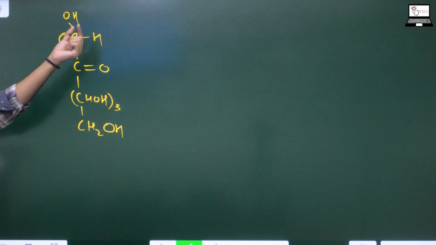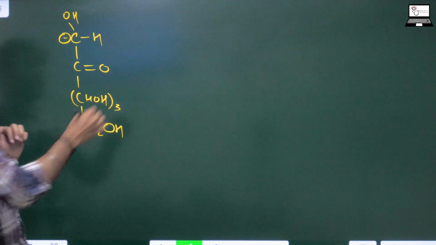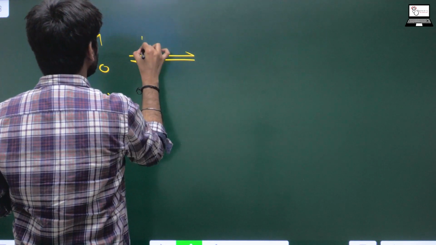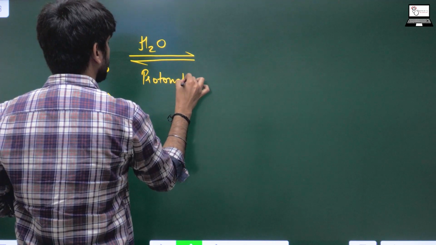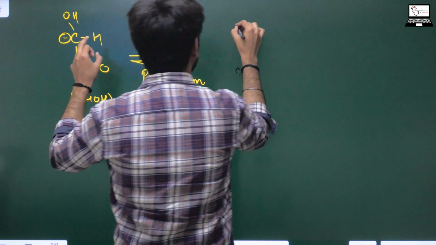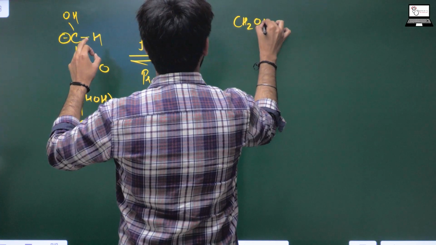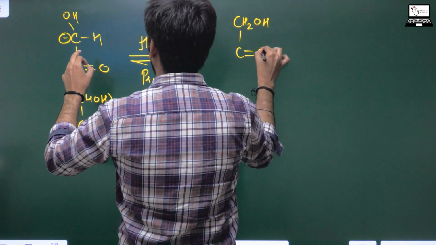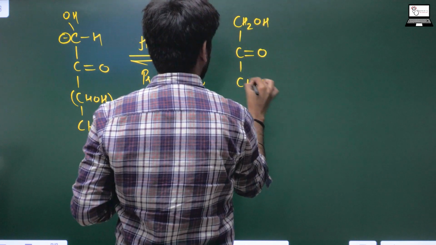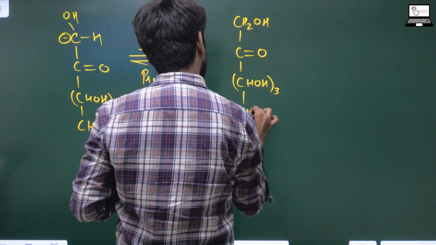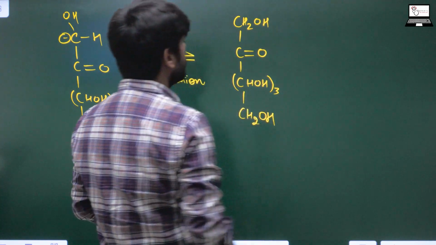Now what will happen in the next step? Now in the next step, if I perform the protonation, what do I get? CH2OH, C double bond O, right? This is CHOH whole thrice, and this is CH2OH. So what is this?